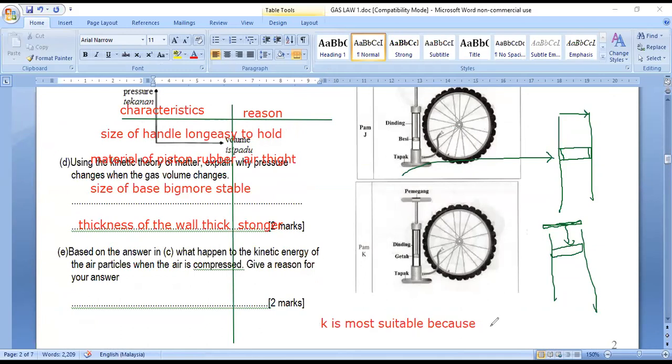What you must do is repeat back all the characteristics. No need to repeat the reason.